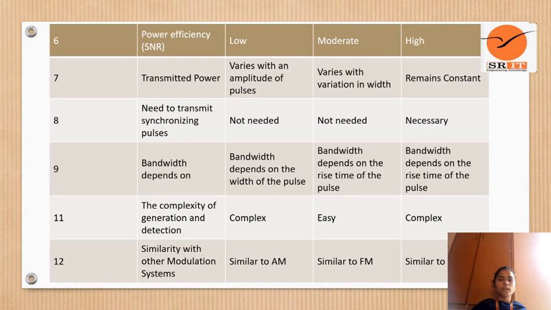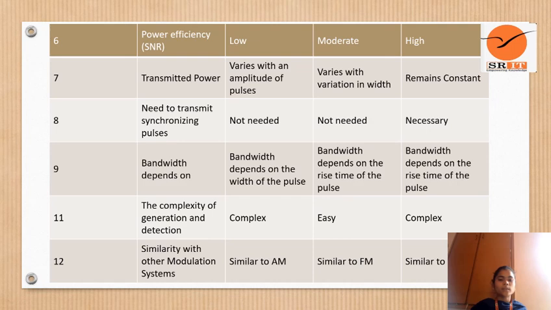Bandwidth of PAM depends upon the width of the pulses, and PWM depends upon the rise time of the pulses, and PPM also depends upon the rise time of the pulses. Complexity of generation: PAM is very complex, PWM is easy and PPM is complex.